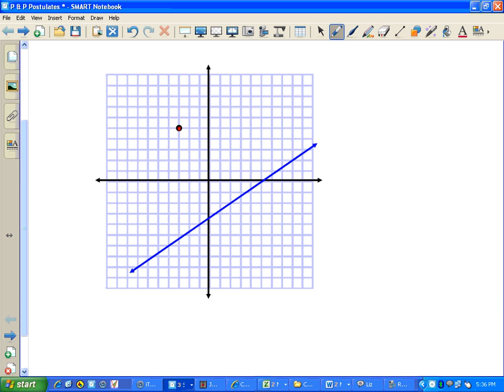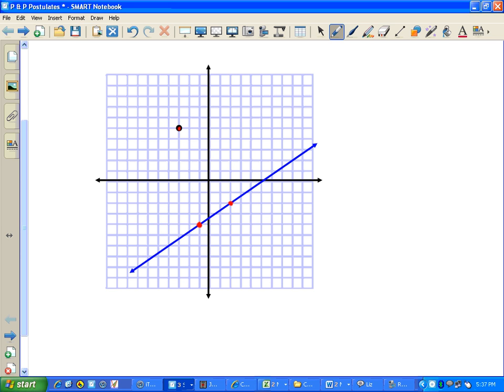So if I want the line that's parallel to the blue line and goes through the point, first I need to know the slope. So the slope of the blue line, if I can pick a point where I definitely can see that it's crossing, that point right there, it's definitely crossing an exact point there.